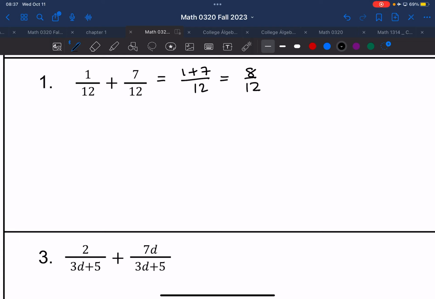Good. So we can divide both top and bottom by 4, and we get 2/3. That's our answer. You could divide top and bottom by 2 and you would get 4 over 6, but 4 over 6 can still be reduced to 2 over 3. So you just keep reducing until you can't anymore.